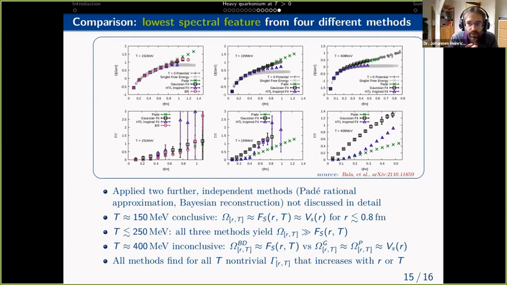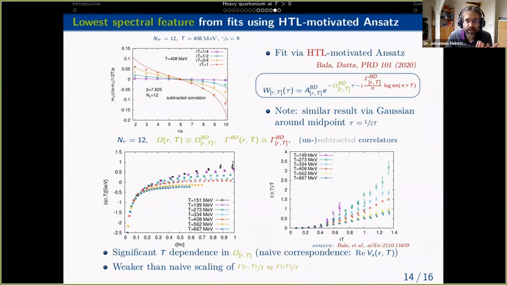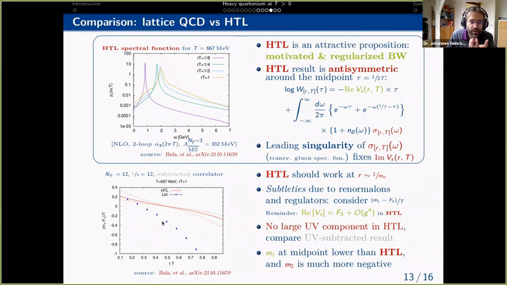One of the things we see is that the lattice data we get are compatible with both scenarios. The question that is not entirely clear is, if you look at this first cumulant or effective method, whether the midpoint should be where you do the expansion, as suggested by hard thermal loop, or whether you would do the expansion at zero time.